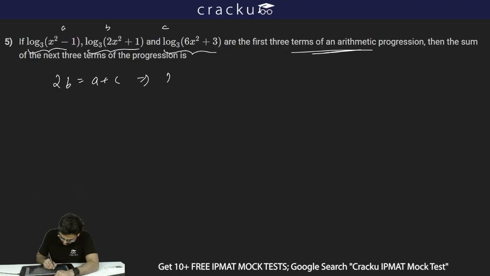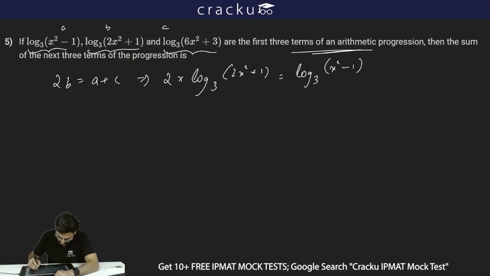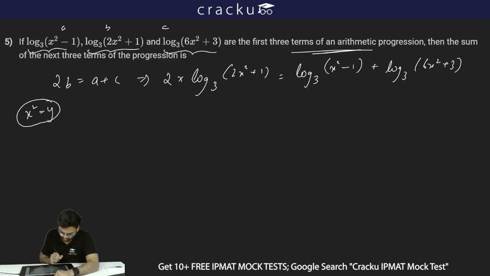So I can write 2 times log base 3 of 2x square plus 1 is equal to A, which is log base 3 of x square minus 1, plus C, log base 3 of 6x square plus 3. Solving this, I'll assume x square as y.